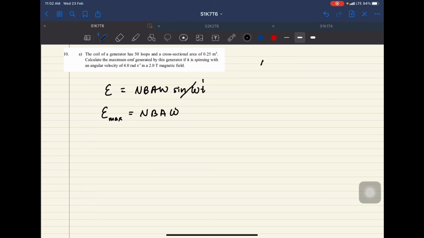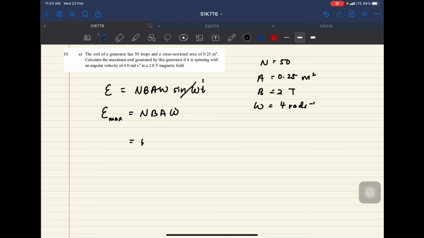So we just focus on this part. Okay, n is given 50 loops. Cross-sectional area A is equals to 0.25. B is equals to 2 Tesla. They give you straight away omega, which is 4 radian per second. Just double check the unit.